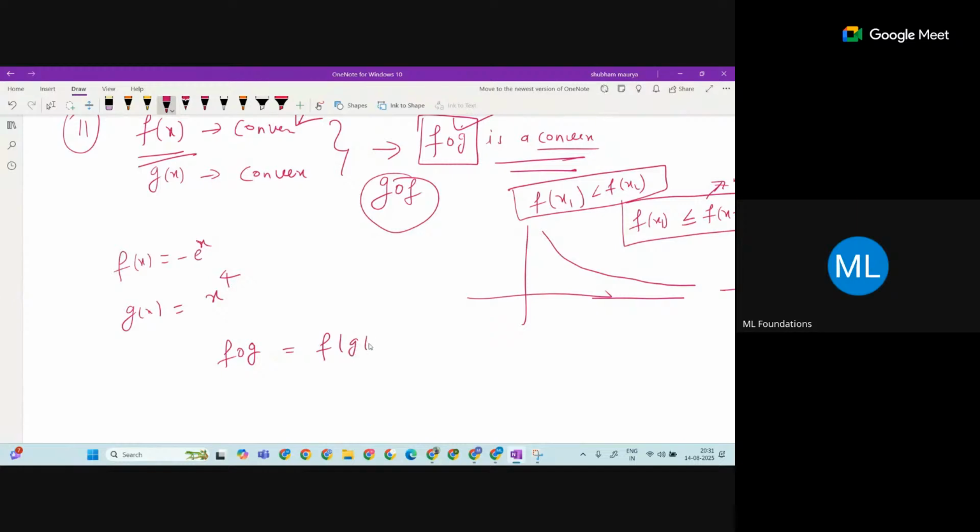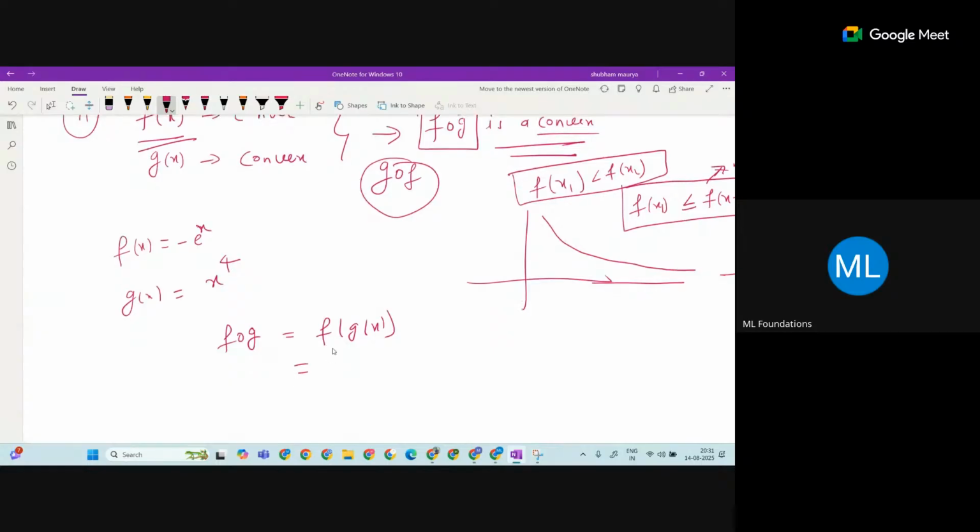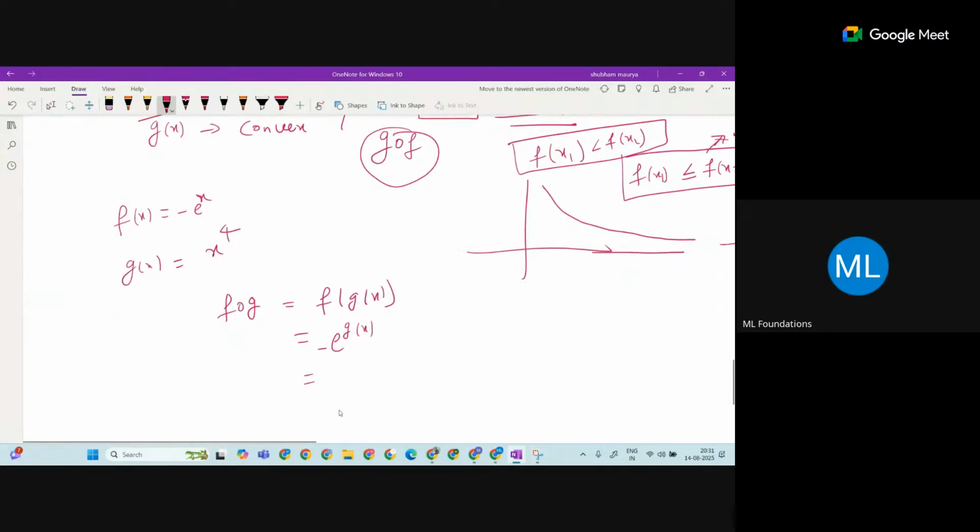This is f of g of x. So f is going to be minus e to the power x, so it looks simpler now. This is minus e to the power g of x, which is minus e to the power x to the power 4. This is f composed with g.